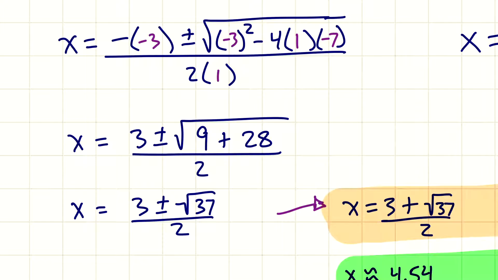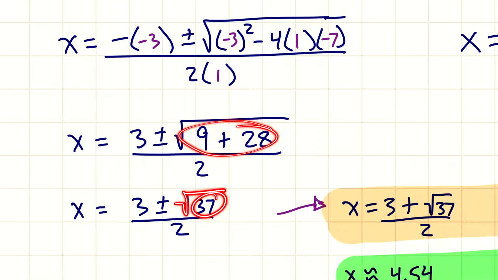And I would treat this as though it was a -4 times 1 times -7. So negative times a negative gives us our positive. All right, so 4 times 7 is 28. And then 9 plus 28 is 37.